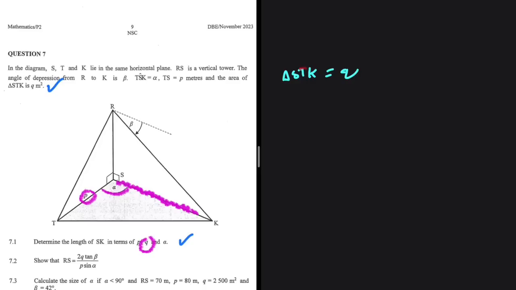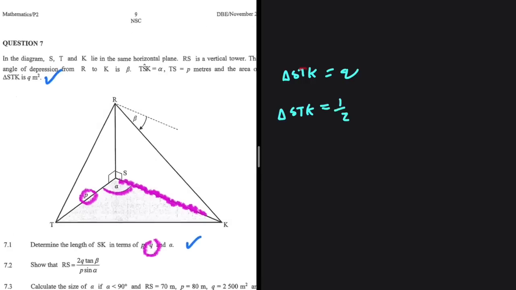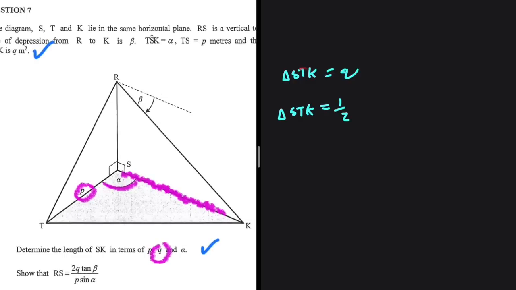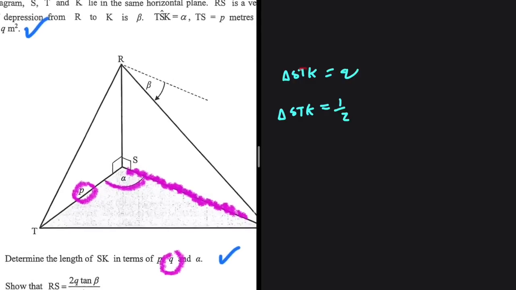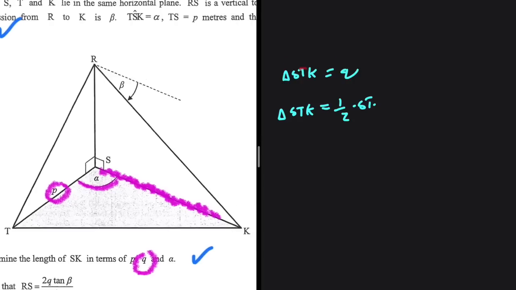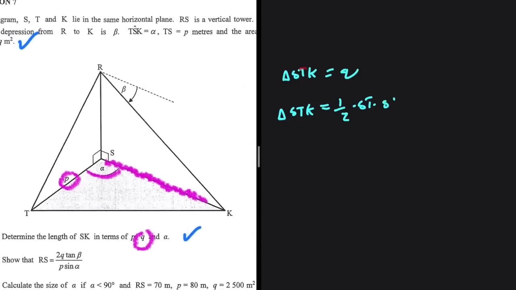If we go ahead and try that, we're going to have the area of triangle STK being equal to a half. We need two sides and one angle between the two sides. We have ST, right? So multiplied by ST multiplied by SK, sine of the angle in between the two sides, which is alpha.